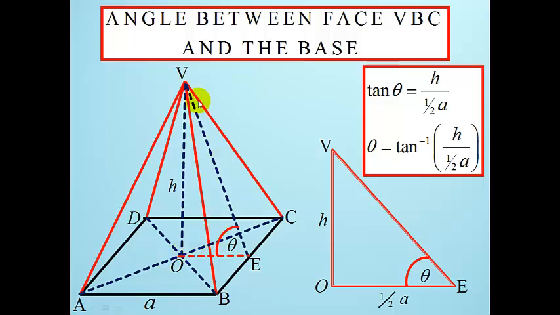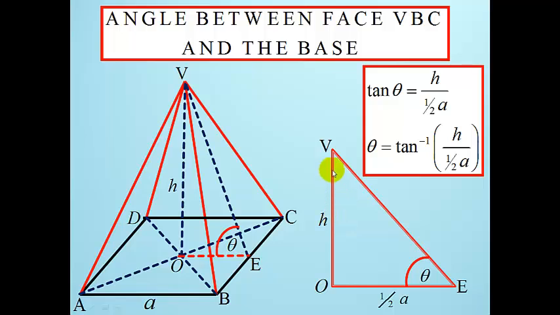Now, the slant height VE is representing the whole face VBC, and OE is representing the base. So if you are searching for the angle between the face VBC and the base, the angle is the theta as shown. And now, to be able to calculate the angle theta, we consider the right angle triangle VOE.